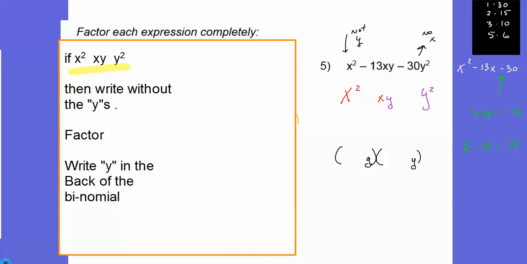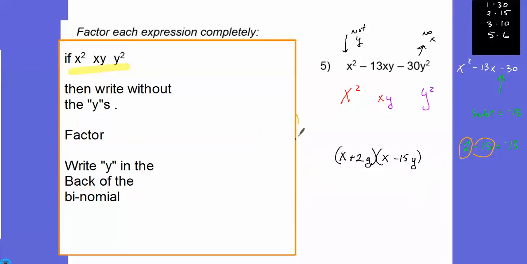So my first value is going to be a positive 2, written right here. Notice what I've written is plus 2y. My second value is going to be a negative 15, written in the back as minus 15y. In the front will be written my x and my x.